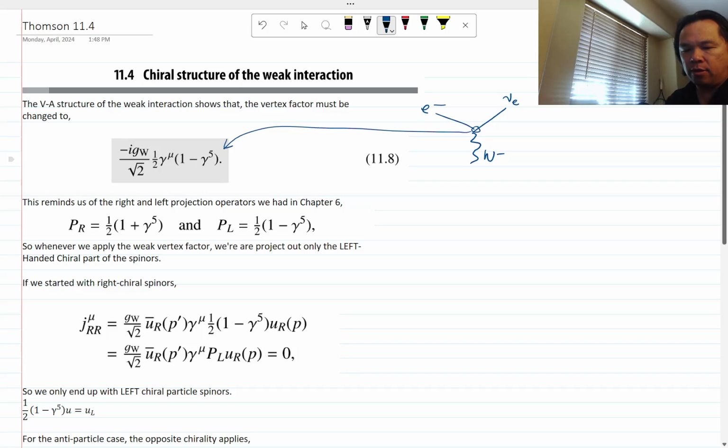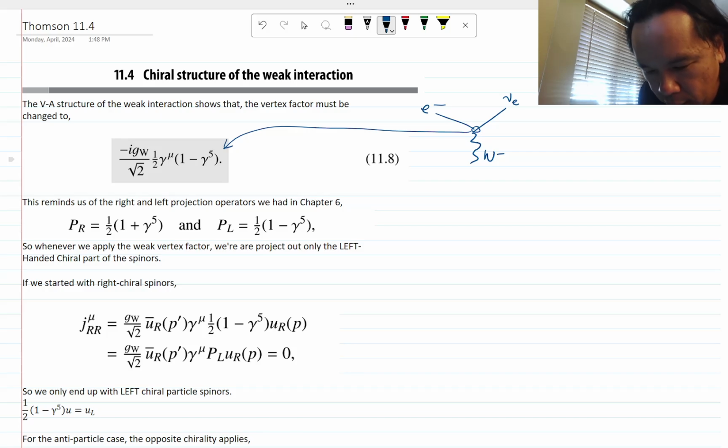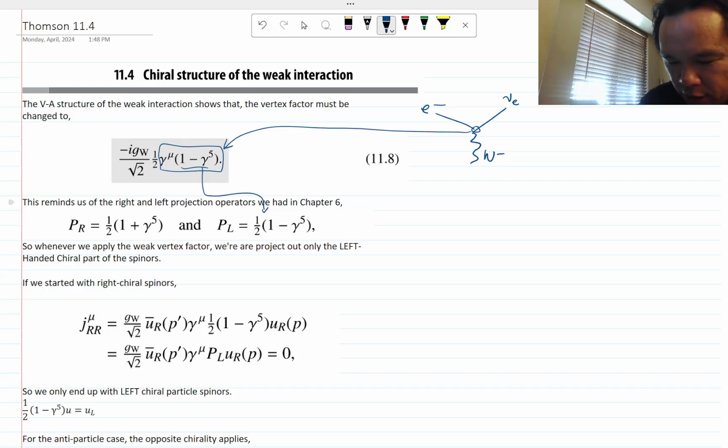Instead of just gamma mu, it has to get changed to 1 minus gamma 5 times gamma mu. So this whole thing gets factored in there. And this is going to remind us of the left projection operator in chapter 6.